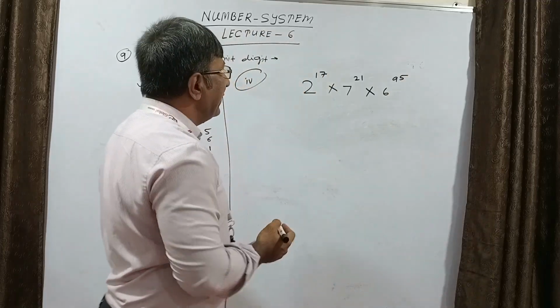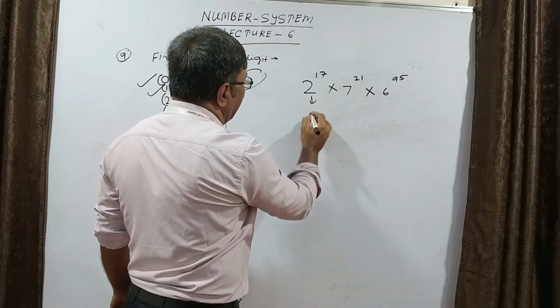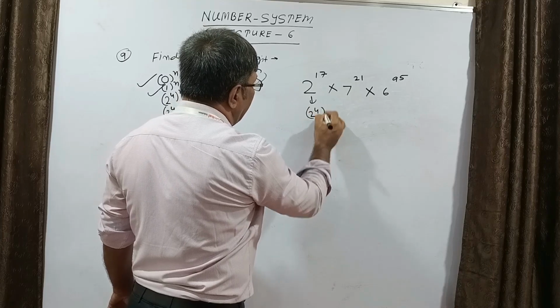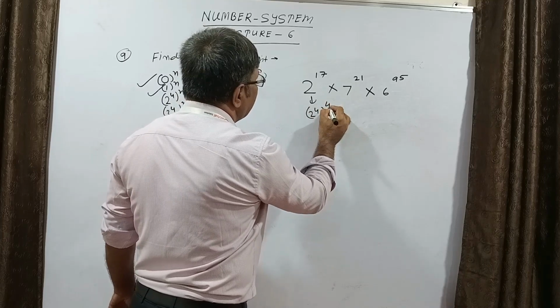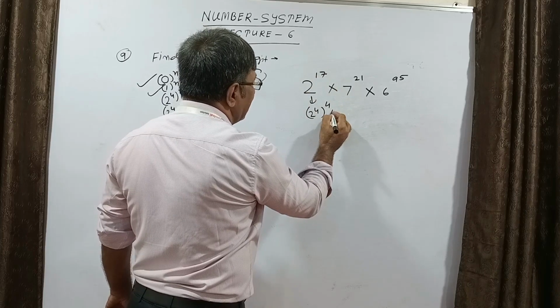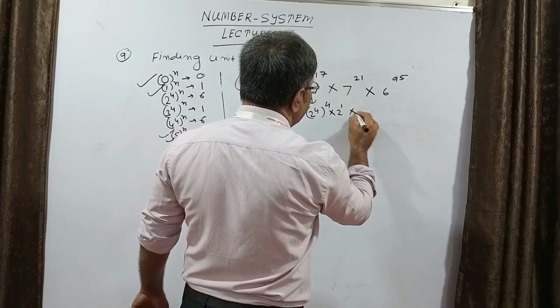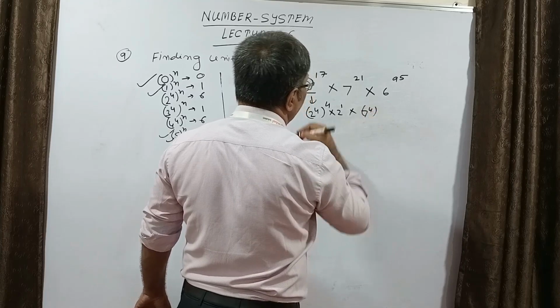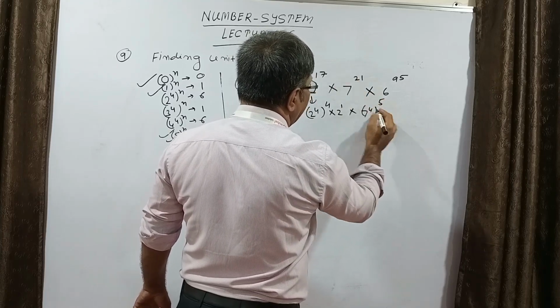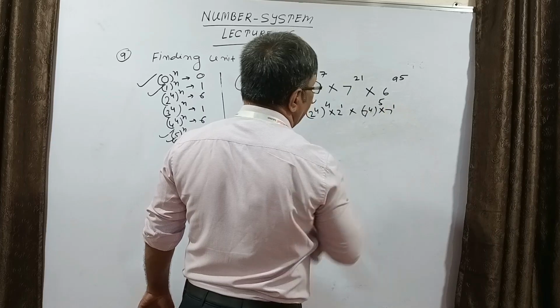Okay, so here 2. So again we will convert 2 to the power 4. So this is 4 4 is 16, 1 remainder, so it becomes 2 to the power 1. In the same way, this is 7 to the power 4, 4 5s are 20, again 1 remainder, so 7 to the power 1.